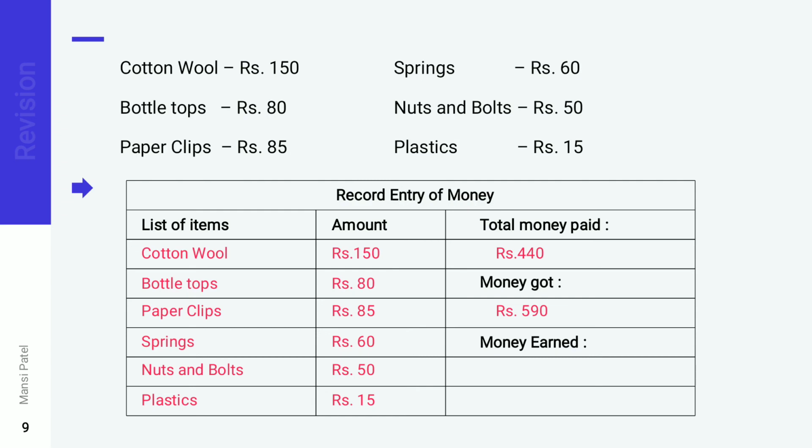So see here, she paid rupees 440, but at the time of selling she got rupees 590. So how much money did she earn? Do the subtraction, 590 minus 440. So we can say that she earned rupees 150.